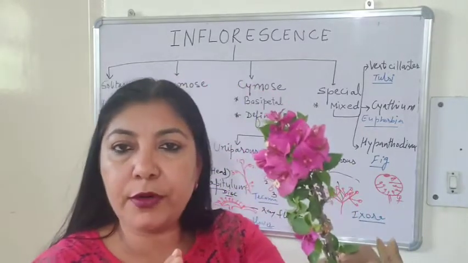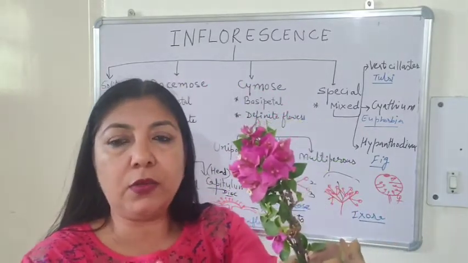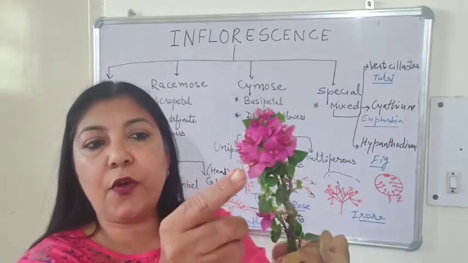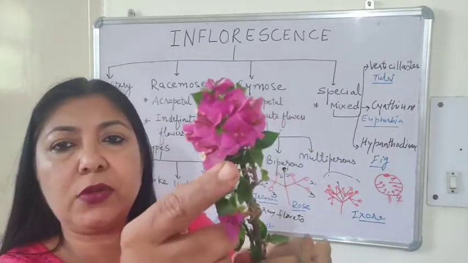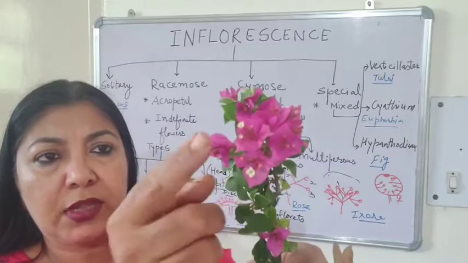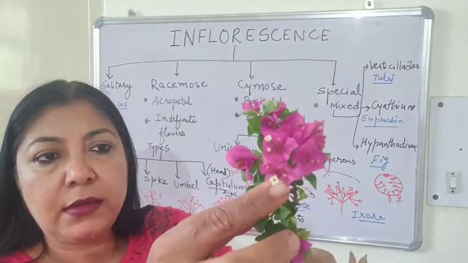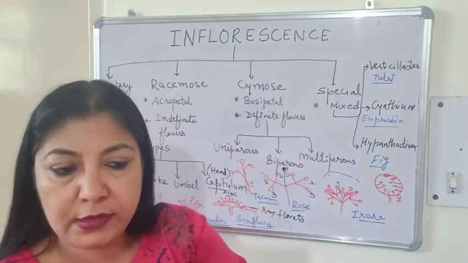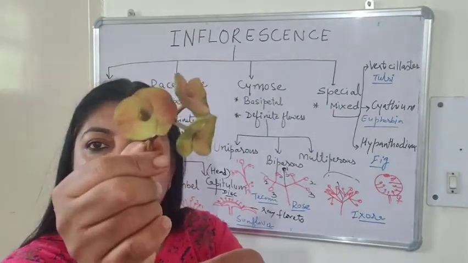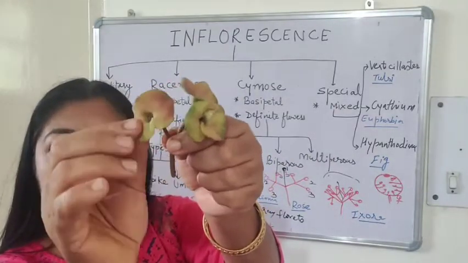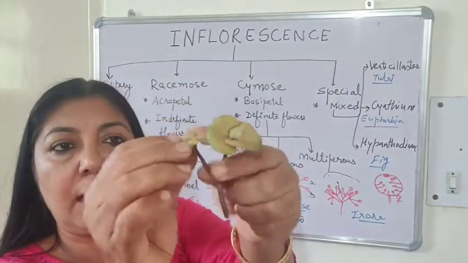They do not perform photosynthesis. What do they do? They attract the insects for pollination because the flower is so small. Likewise, this is cyathium. These are bracts, colorful bracts.